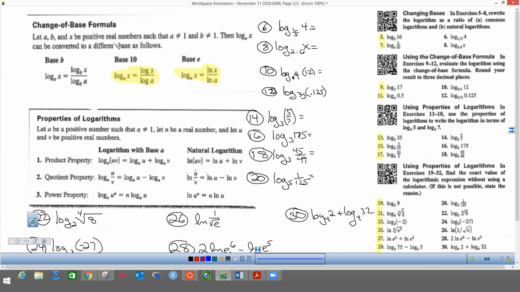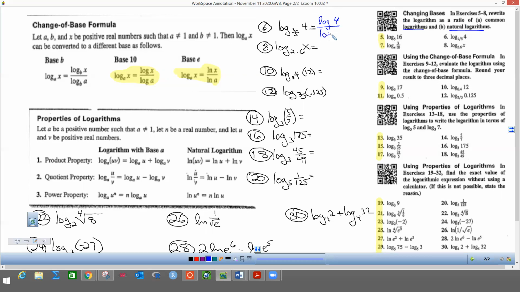So this up here says rewrite these, and I'm only going to do these first 6 and 8. Rewrite these in both common log, which is log base 10, or natural log. So you go log of 4 over log of 1/5. I wrote a cursive L because it sometimes looks like a 1.